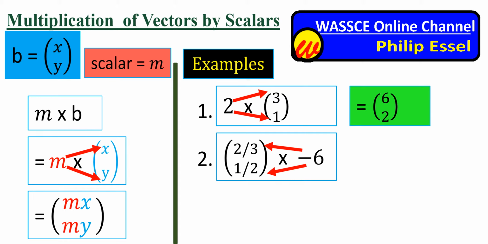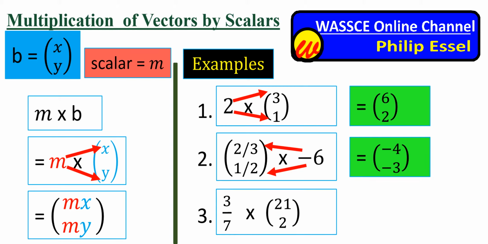Then it will multiply the y component of the vector, 1 over 2. Negative 6 times 2 over 3 would give us negative 4. And again, negative 6 times 1 over 2 would give us negative 3.